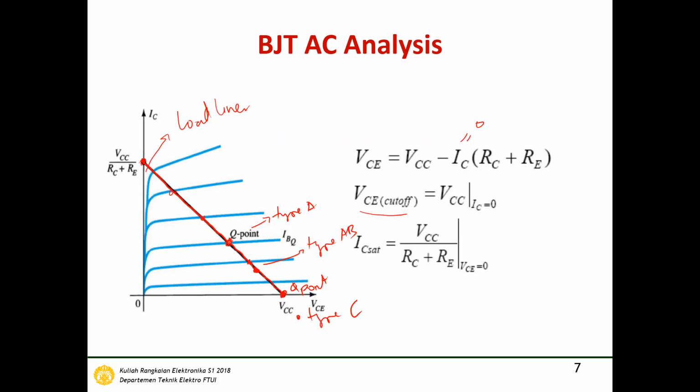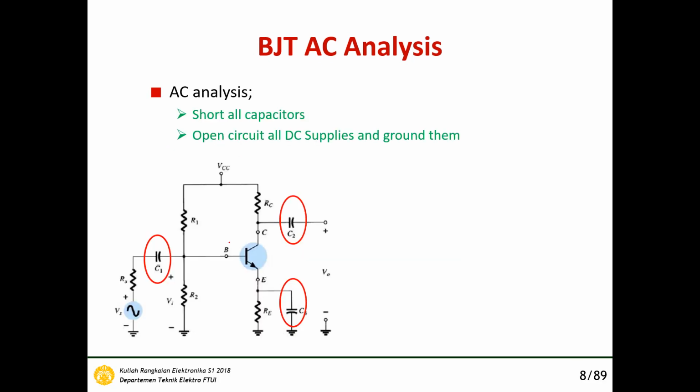Okay, and then after we determine the key point, we do the AC analysis. The first one, we have to short all capacitors here. We have the coupling capacitor here, and then we have the bypass capacitor here. The coupling capacitor is used to prevent the DC currents coming to the input and coming to the output.